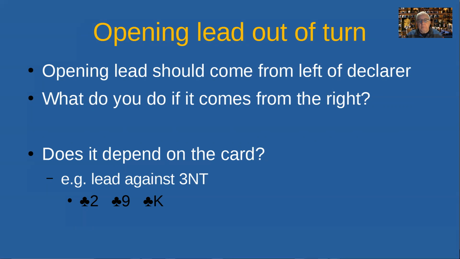For many people, leading a 9 with a standard lead means that the 9 is either a singleton or a doubleton. And with my partners, if they lead the king of clubs against three no trumps, I'm expecting king, queen, jack of the suit, or maybe king, queen, 10. So that's giving a lot of information. And we know that information is going to be one of the problems that we have to deal with.